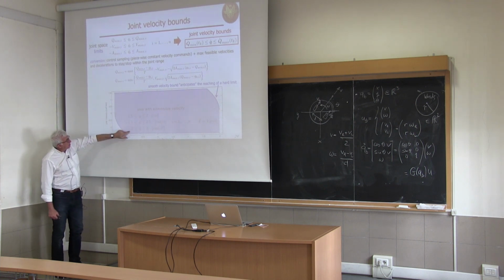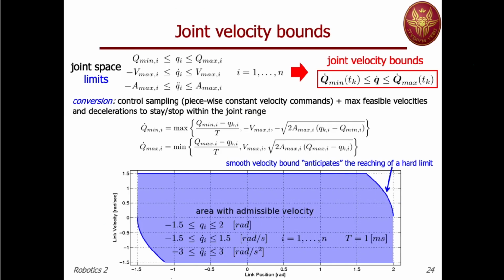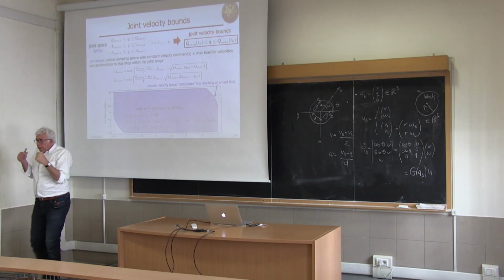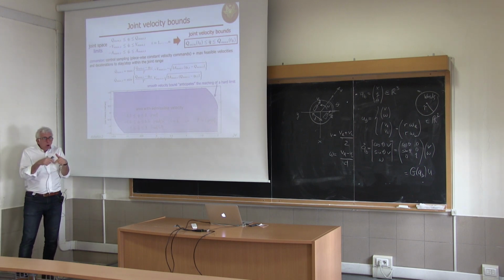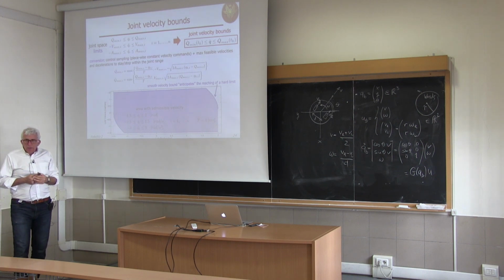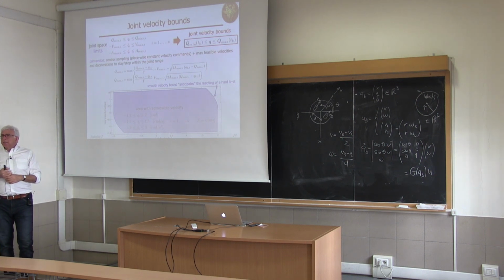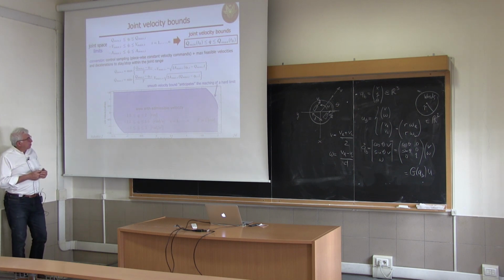But then the presence of this constraint and the induced presence of this constraint on velocity will take out some part of this rectangle because we need to limit velocity so that we anticipate the fact that we may reach the bound in position, or we may not have enough acceleration to decelerate the robot to a rest situation in case of a safety alarm or something like this. So you see that this is the actual feasible region that we have.